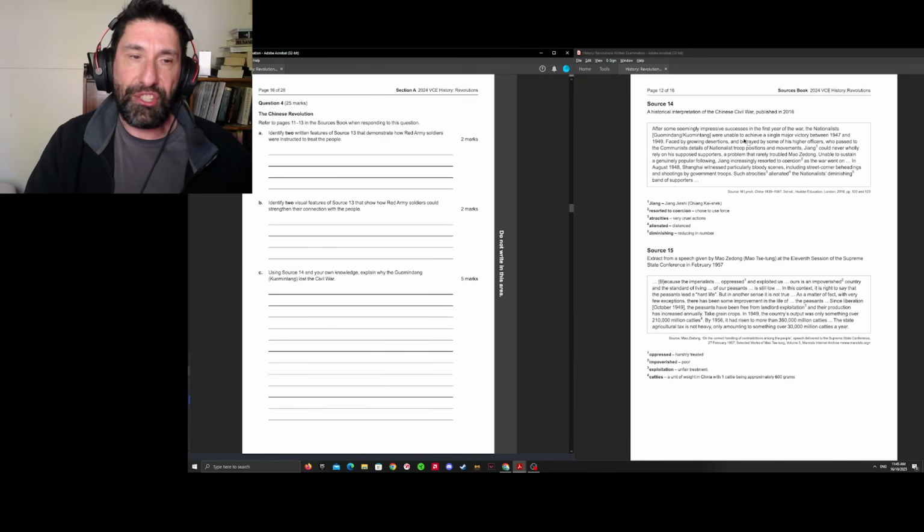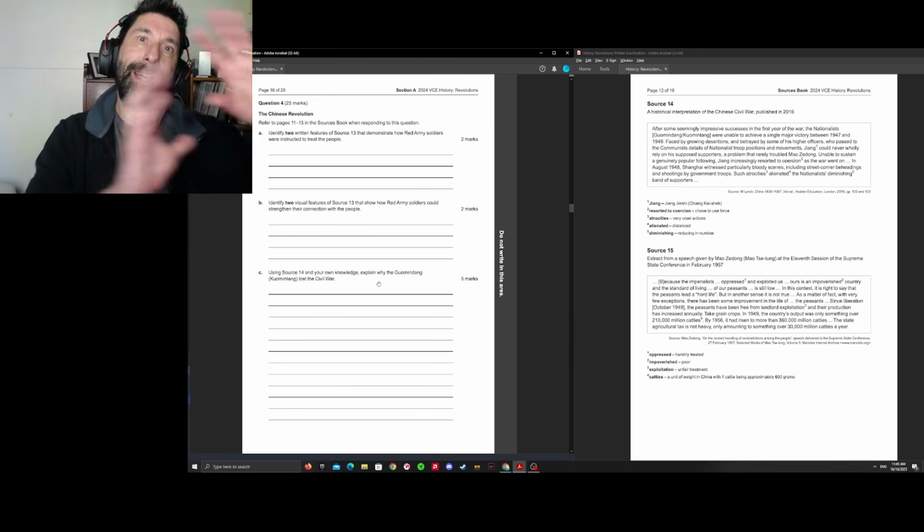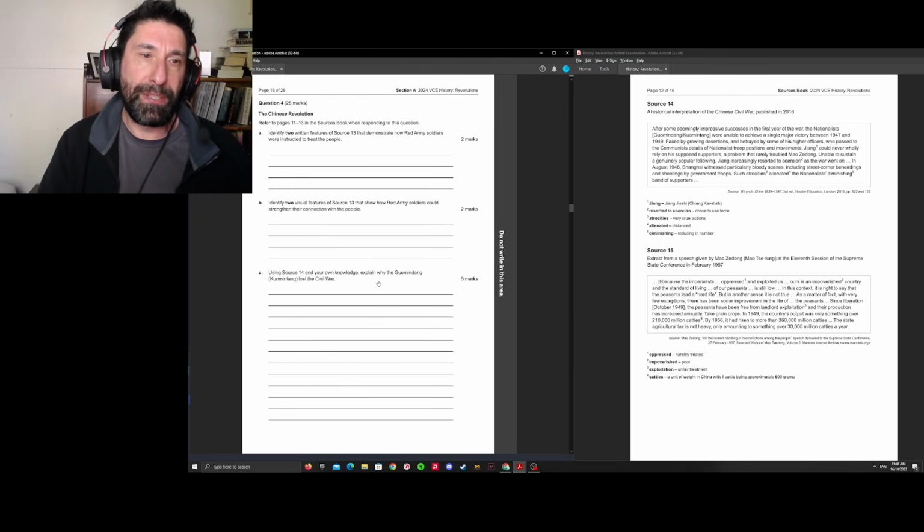This land problem, the Kuomintang never effectively resolved, even though it was a promise made by Sun Yat-sen, going right back and looking at his Three Principles.